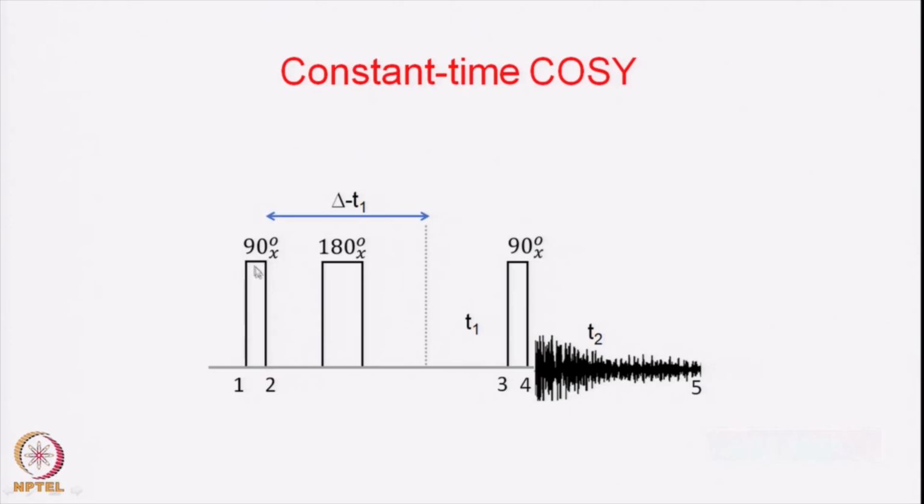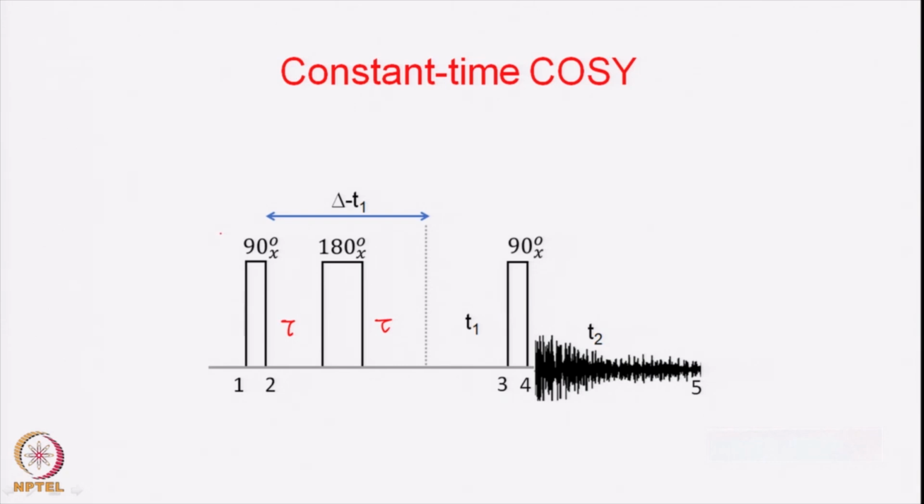So we have just chosen here a 90X pulse, and then you have a 180X pulse and a 90X pulse. So we have first a 90° pulse, then a time period which is tau, and this is also tau, and now you notice that this is a spin echo.